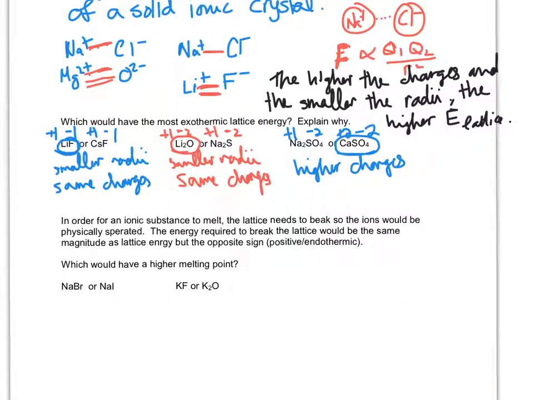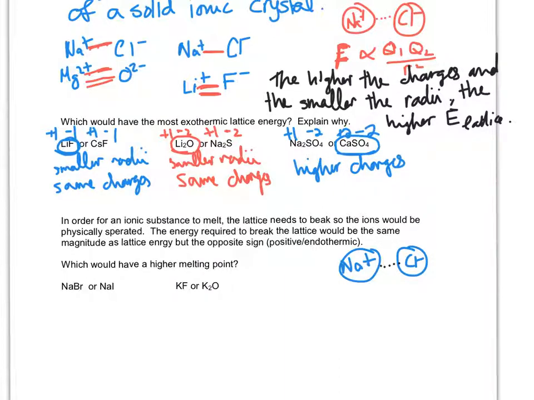So again, if I had a bunch of Na pluses and Cl minuses, and I want to combine those together, get them close to each other to form a solid crystal, that would be a physical change, and the energy would be exothermic. It will be released, and it would be negative, and it's called the lattice energy.